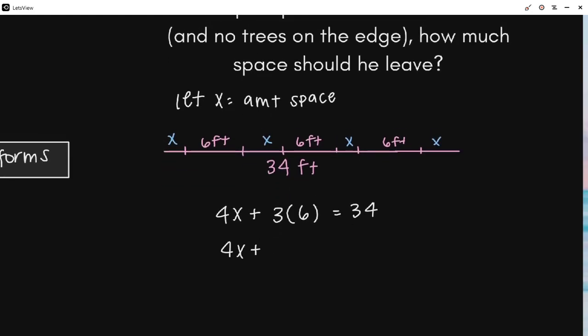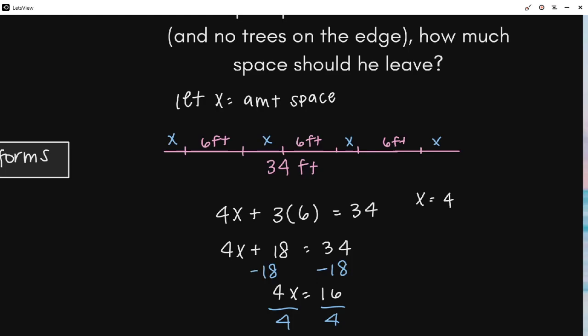So 4x plus 18 equals 34. To solve for x, we have to subtract 18. And then 4x equals 16. Divide both sides by 4. And we'll get x equals 4.